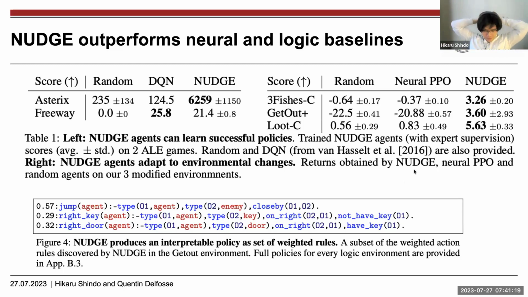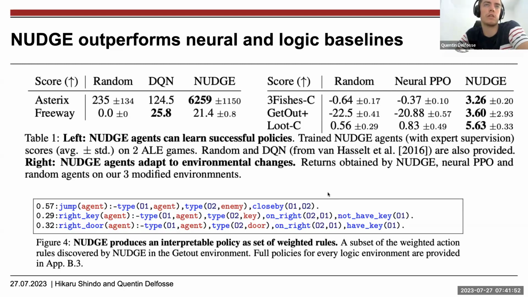So the color one. Here you can see how good NUDGE and the original neural PPO baseline would perform on the different environments. For Getout Plus and the Loot color variation, and for Loot Plus also, we didn't change anything, so we keep the same final policy.